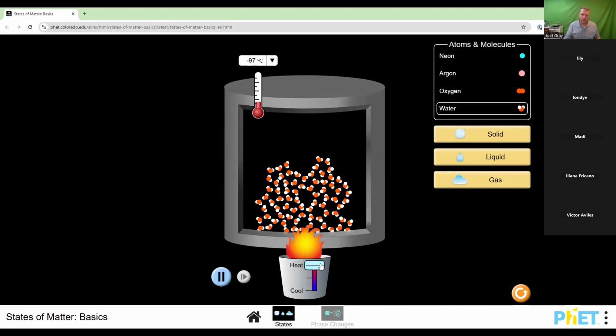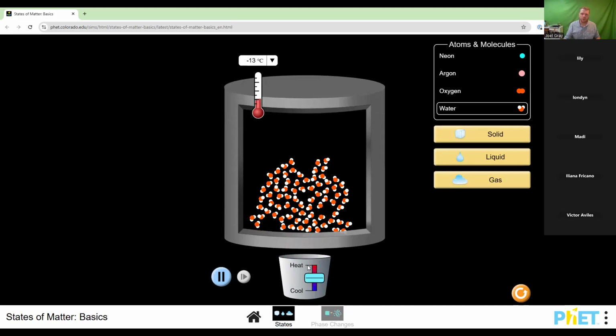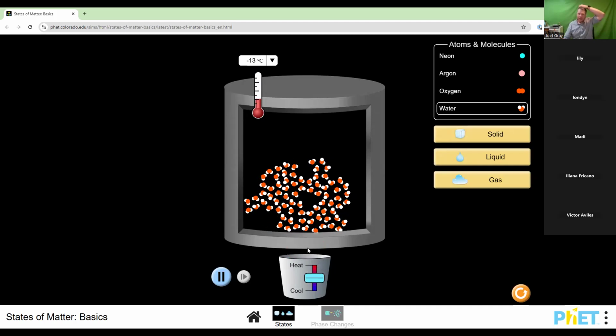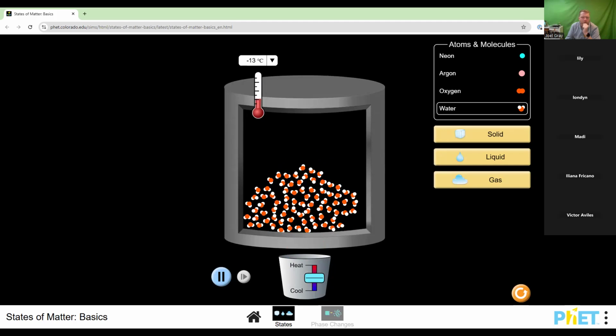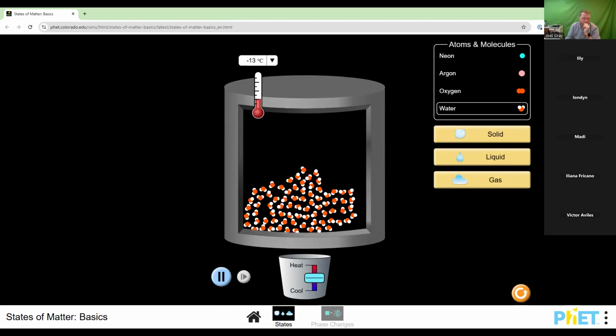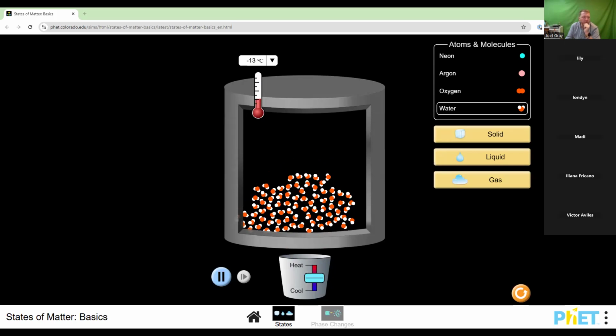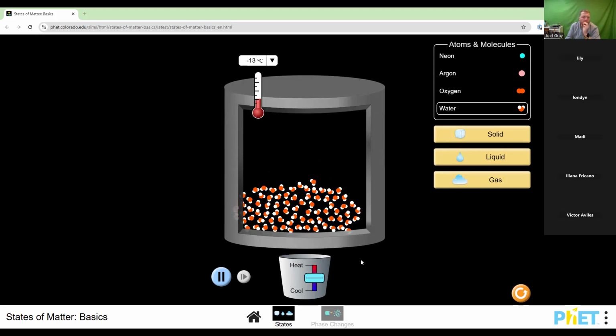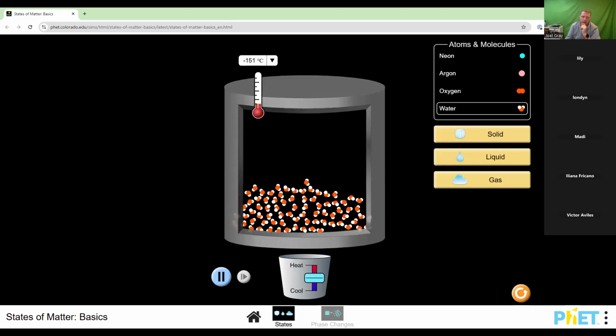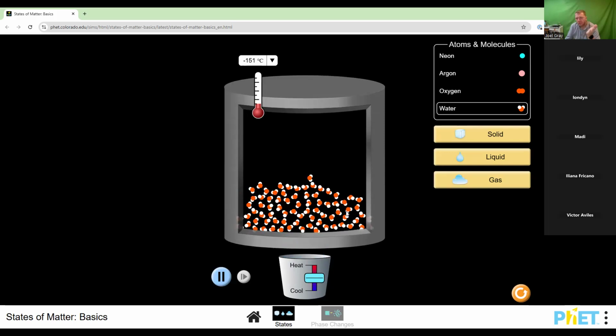Now, if we were to heat this up, that temperature is going to continue to increase. What's kind of tricky is those water molecules: are they moving, Y or N? Yeah, they are. Your mind's not playing tricks on you. Those are absolutely moving. Now, as we cool it down, what happens in their movements? Well, they slow down. So we heat it up, movement increases.